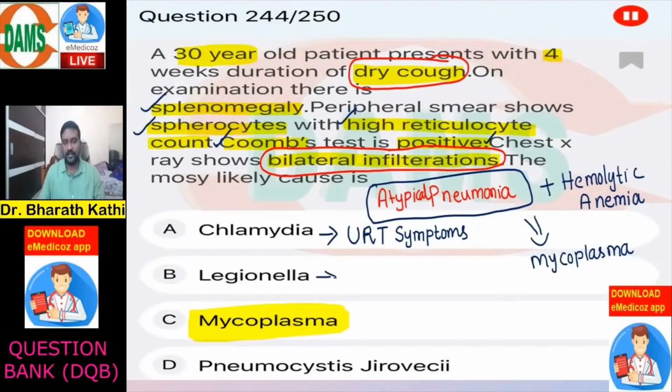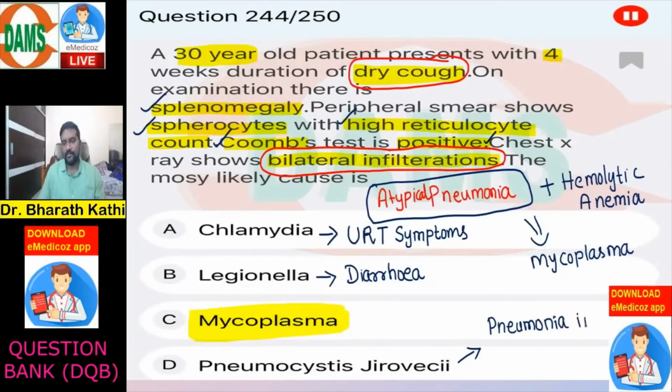Legionella is associated with special features, such as diarrhea, and other features that I'll discuss in the next slide in detail. Whereas Pneumocystis pneumonia can also present as an atypical pneumonia with dry cough, but most important is it is a pneumonia in immunocompromised patients.